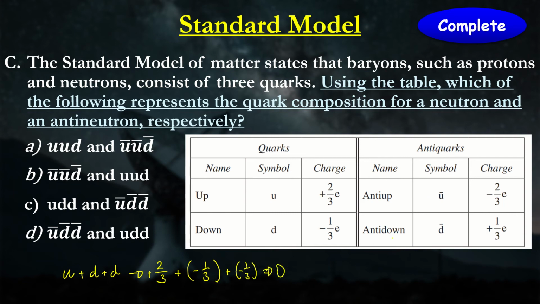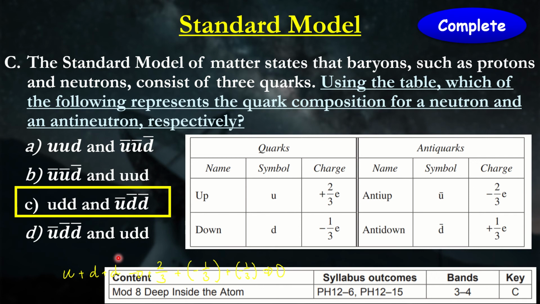So in this case, for an anti-neutron, they would have the exact same configuration, because what we can see here is it has the exact same charge values for the particular quark. So that means we'd have the anti-up and 2 anti-downs. So the answer is C.